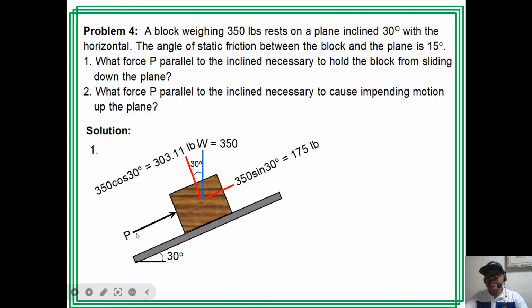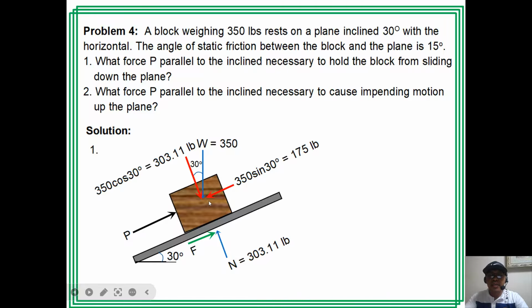So if you place a force P to hold the block from sliding, we have the normal also equal to 303.11, and we have our friction force F. The friction force is directed upward because without P, the block will tend to move down.